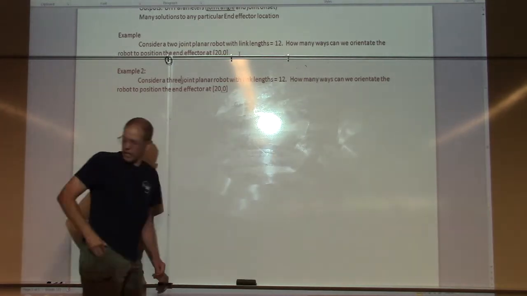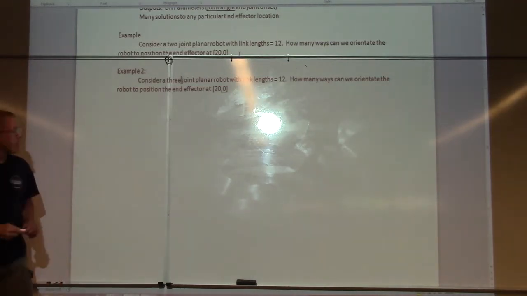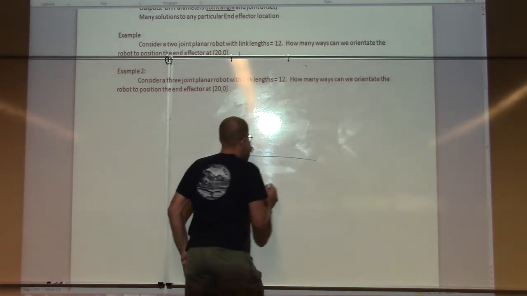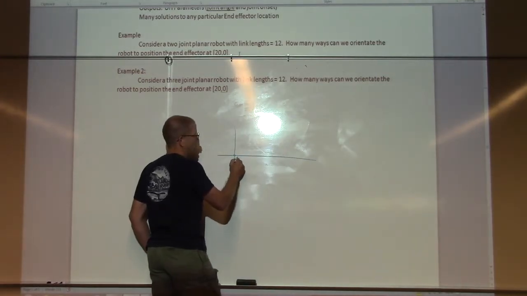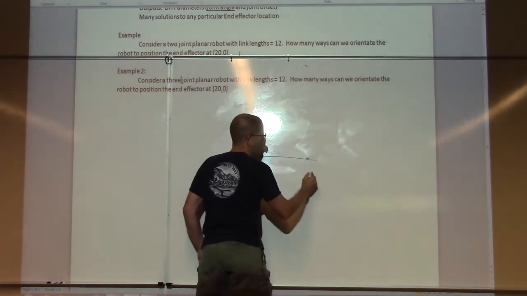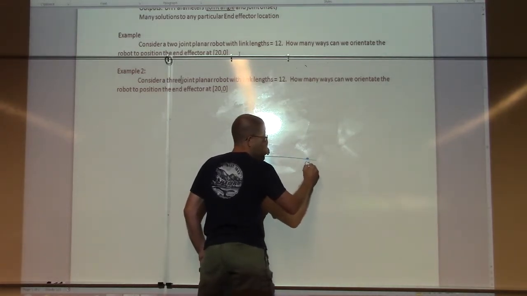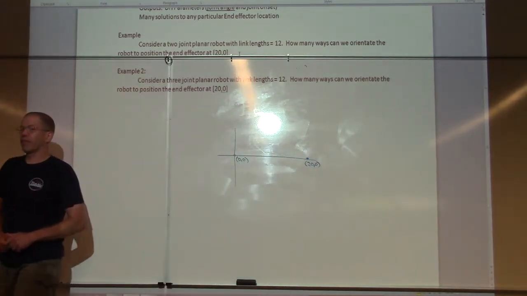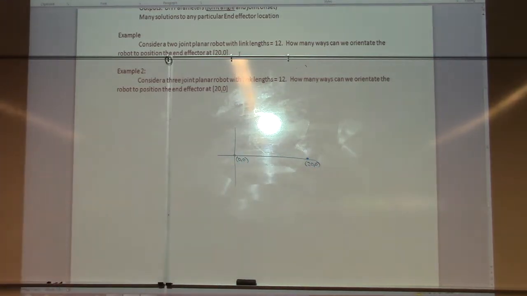So we have the same setup to the problem. We still have our base attached at 0, 0. We still have our destination sitting over here at 20, 0, but now we have 3 links and 3 degrees of freedom in order to get there.